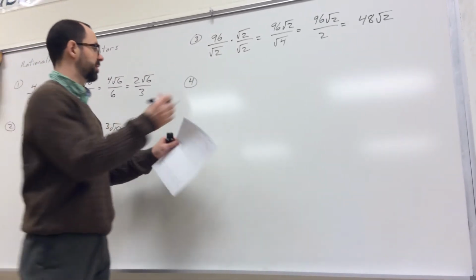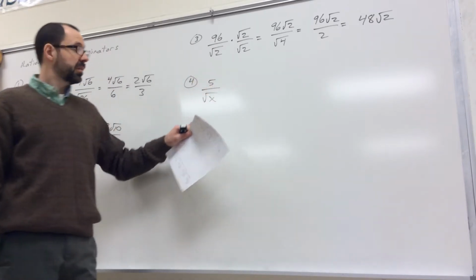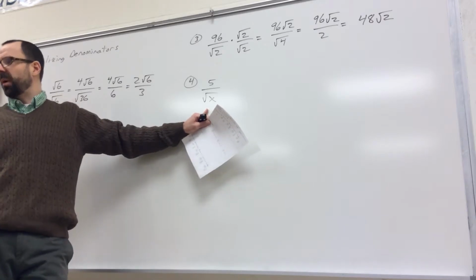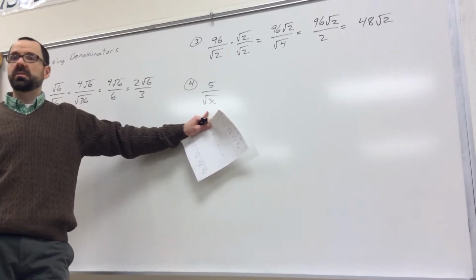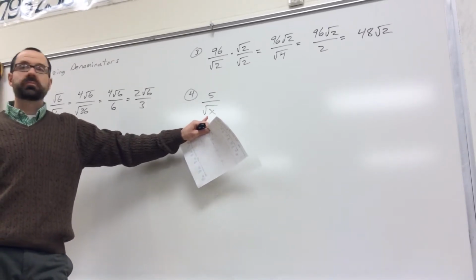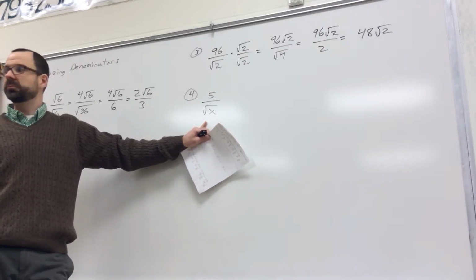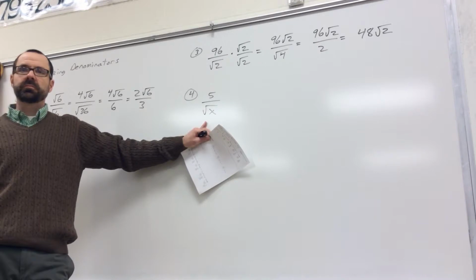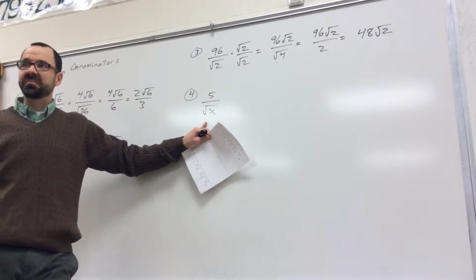Okay, number 4 is 5 divided by the square root of x. And remember, what we're doing is called rationalizing the denominator. So we're trying to get rid of the square root downstairs. So what should I do on this one? Yes, ma'am.